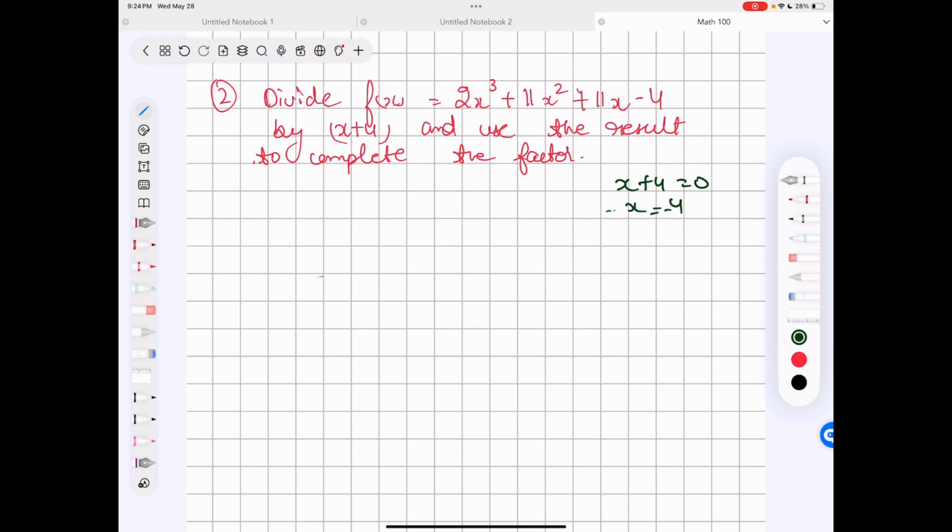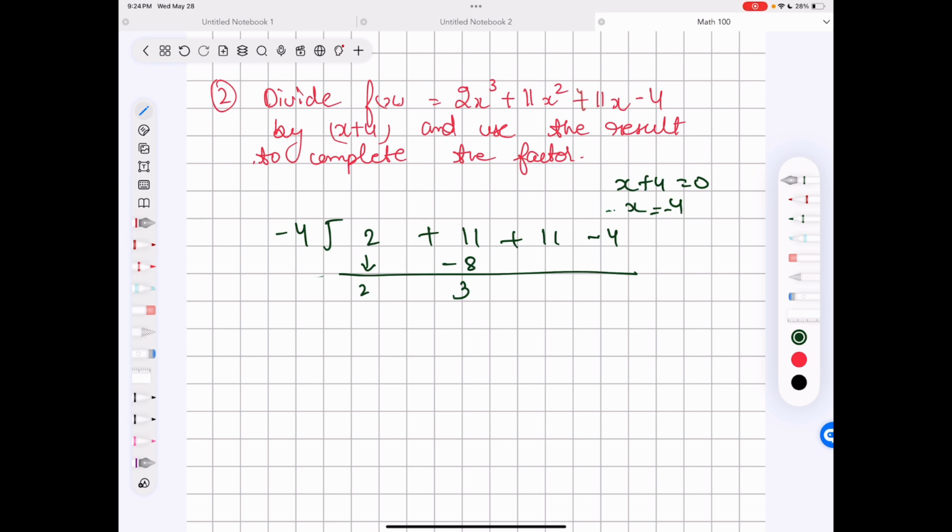So now I would do minus 4 divided into 2, 11, 11, minus 4. So I'm going to bring 2 down. 2 times negative 4 would give me negative 8, plus 11, it's going to give me 3.